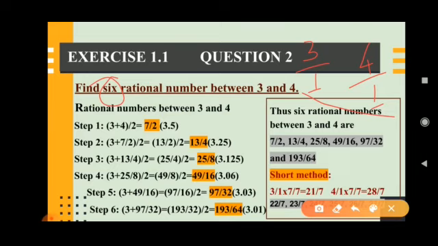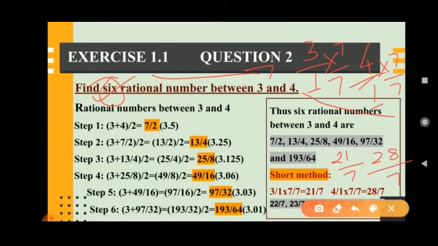If they give 4, we take 5; if they give 3, we take 4, like that. So here it is 6, so take 7. Multiply by 7 by 7, both numerator and denominator. So 7 3s are 21, 7 1s are 7. Again 7 4s are 28, 7 1s are 7.